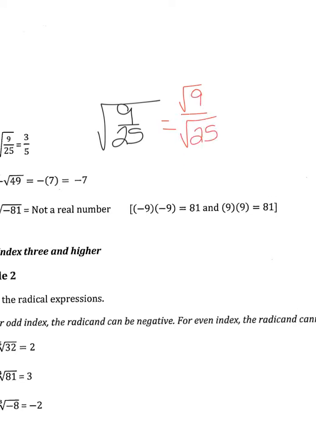When you write it like this, you don't have to even think about a fraction. You just think about simplifying, okay, the square root of 9, which is 3, and in the denominator, the square root of 25, which is 5. So you can see the square root of 9 over 25 is 3 over 5.